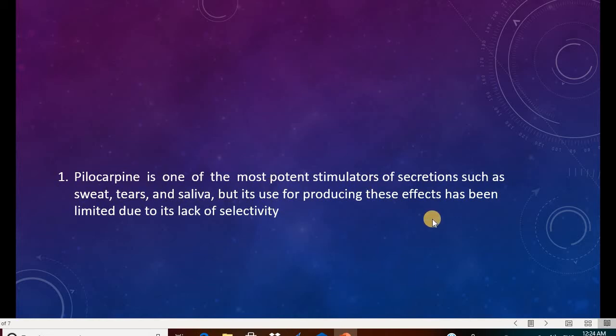But its use for producing these effects has been limited due to its lack of selectivity, because it can produce tears, sweating, and saliva at any receptor wherever it acts. So due to the lack of selectivity, it is less used for producing these kinds of effects.